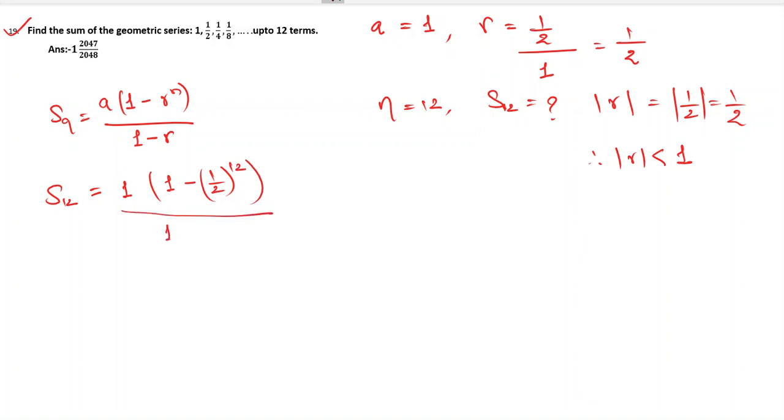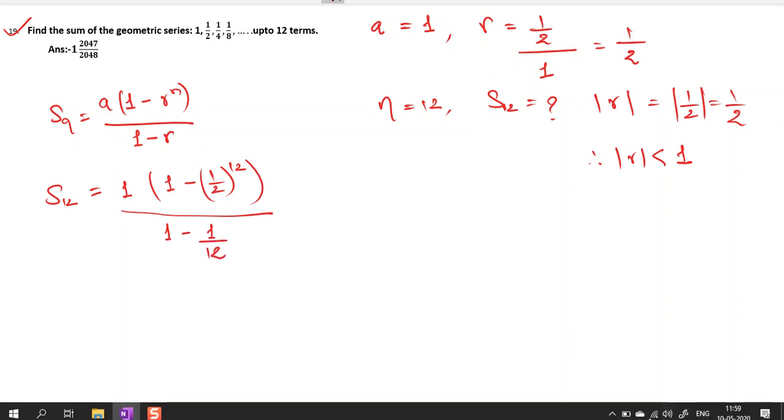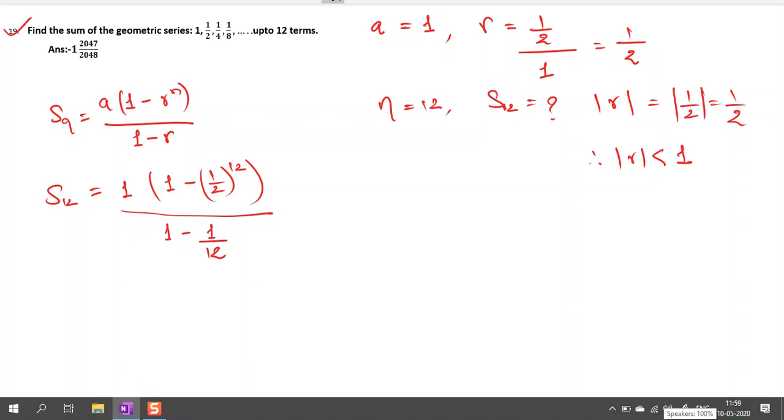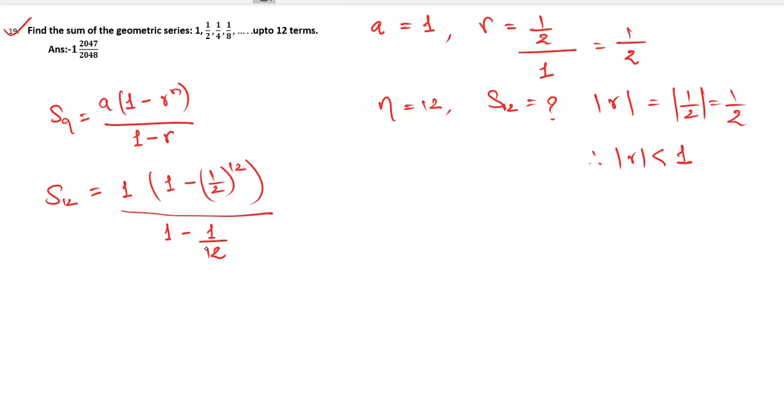the whole upon 1 minus 1 by 2. Oh, I'm sorry, 1 minus 1 by 2 it is, because r is 1 by 2. Okay, let's solve this.